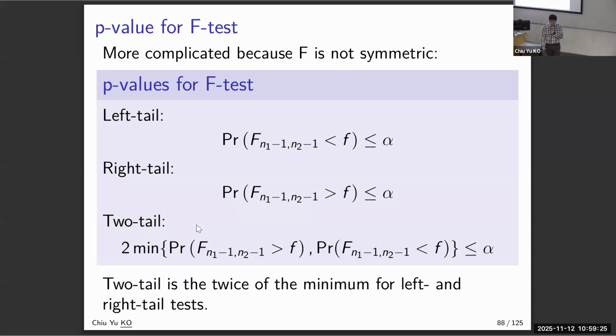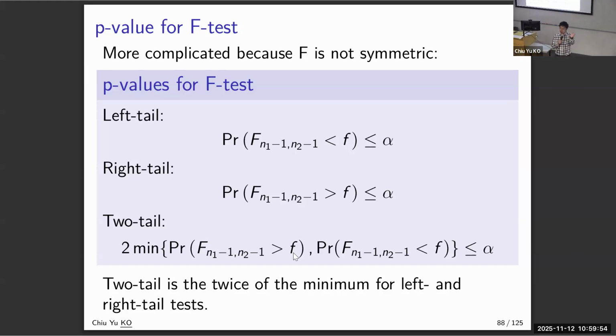When you remember the 2-tail for the normal bell curve and the T, it is the two-sided test, so you take the tail area times 2. The formula is that you look at the area on the left-hand side or right-hand side, take the minimum, and times 2.